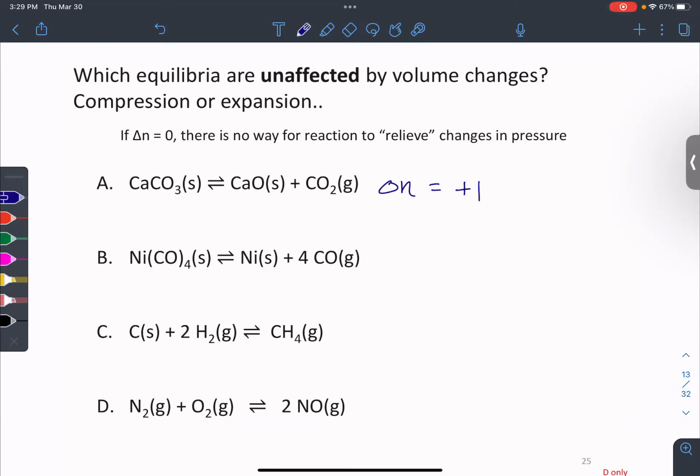So if I squeezed on reaction A and increased the pressure, which way will this reaction shift? To the product side or to the reactant side? Right now I have more moles of gas on my product side. So if I squeeze on it, it's going to go to the reactant side. It's going to relieve itself by going to the side with less moles of gas.